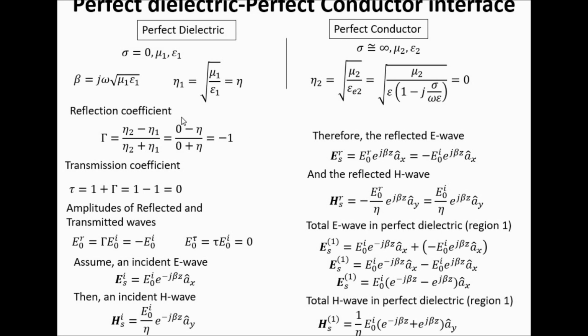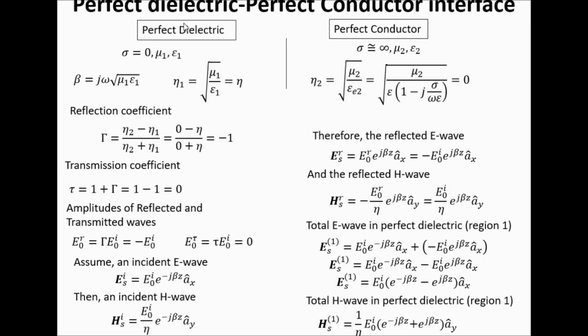Now the reflection coefficient, we can find: eta 2 minus eta 1 over eta 2 plus eta 1. Eta 2 is 0, so you get minus 1. And the transmission coefficient is 0, meaning that 100% power will be reflected back and nothing will be transmitted.